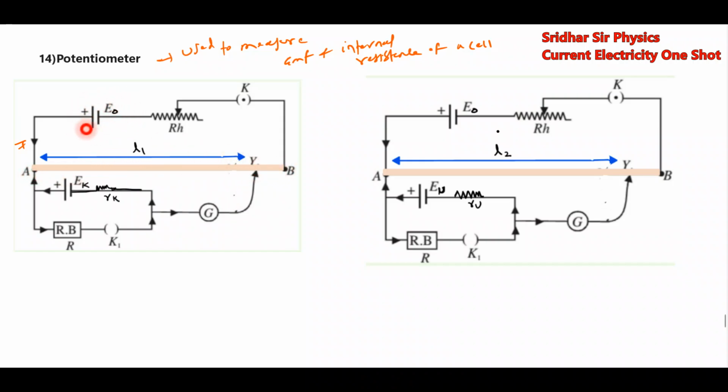This is called a standard cell. This part is called the primary circuit, and this is called the secondary circuit. First we have to measure the EMF and internal resistance.